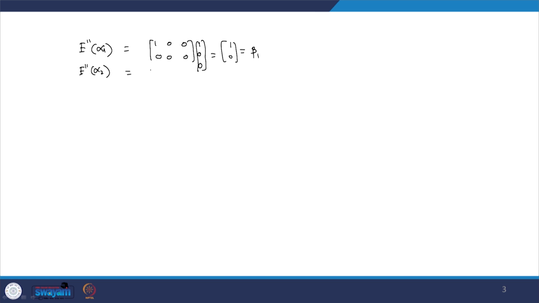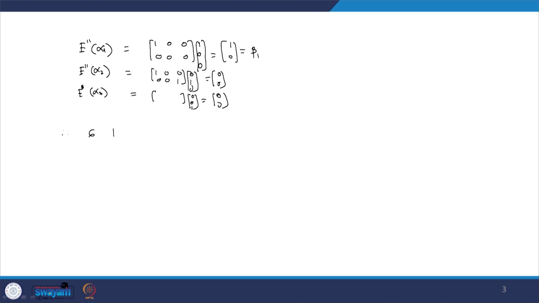Let me check whether it is satisfying this condition or not. The matrix times (0 1 0) is certainly (0 0). Similarly, E11 alpha 3, we can check, times (0 0 1) is again (0 0). So, you can check E11, E12, E13 and E21, E22, E23 satisfy all the criteria of the linear transformation that we have defined there.